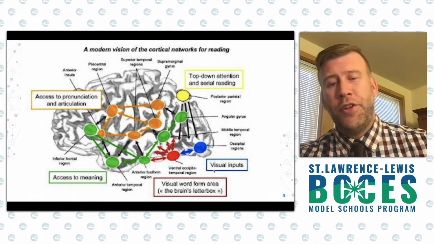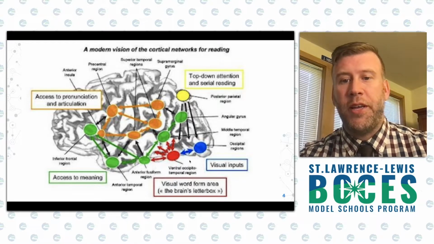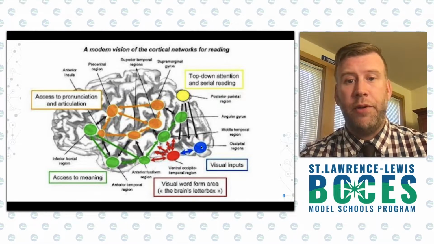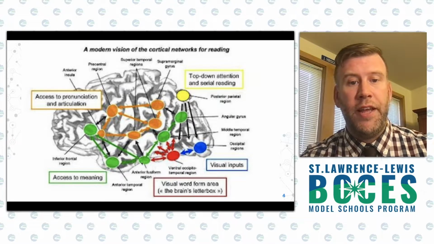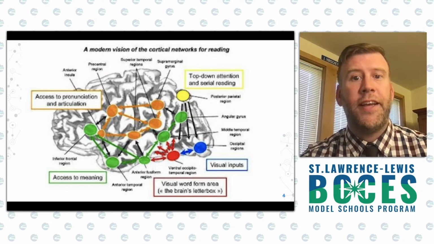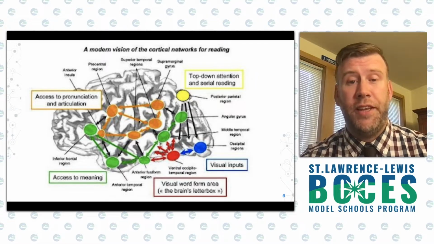So to best explain what I was just talking about here, with the process of reading, you have your visual cortex where all the visual stimuli come in, goes to the letter word form area where it starts breaking those things off into the meaning here, and also the sound, the phonology of the words. All of these things are spreading across the brain like a tidal wave of electricity going through the neuronal pathways.